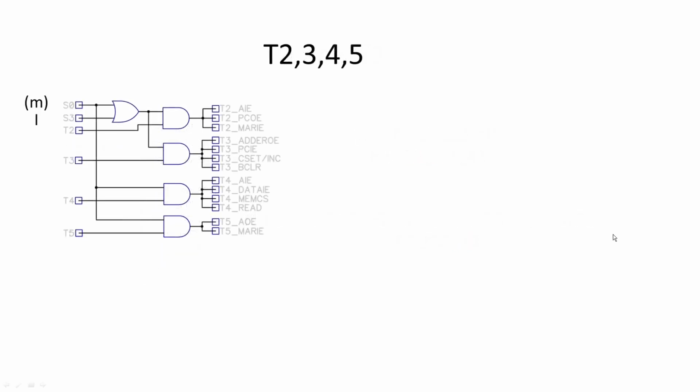And then we've got, here's T2, 3, 4 and 5. This is the addressing mode. So you've got two possible addressing modes that this looks at. R1 and R2 addressing modes are not used in these states, but memory direct and immediate data modes are.